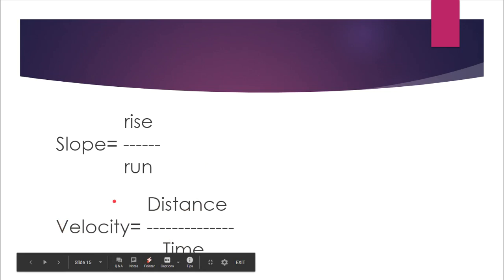It's a distance time graph, right? The rise is the y-axis, which is where the distance is, and the time or the run is the x-axis, right?